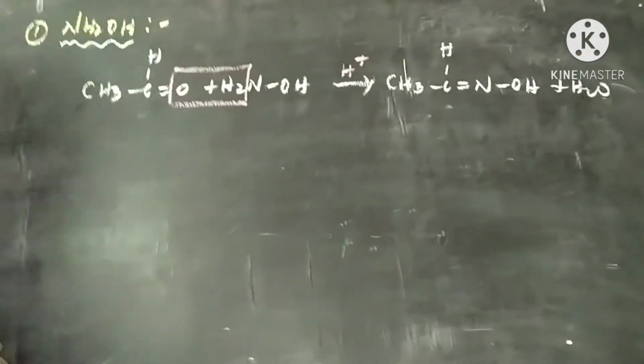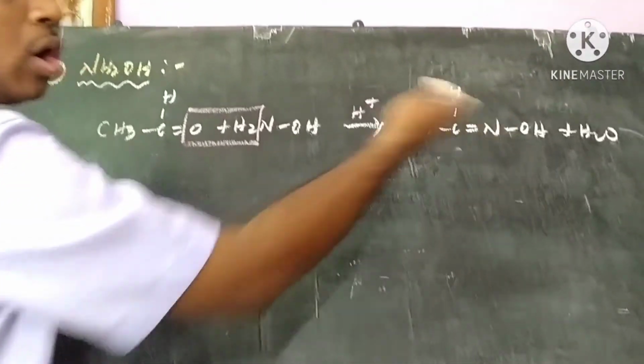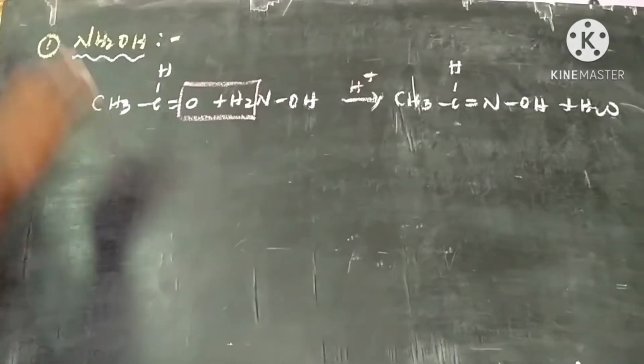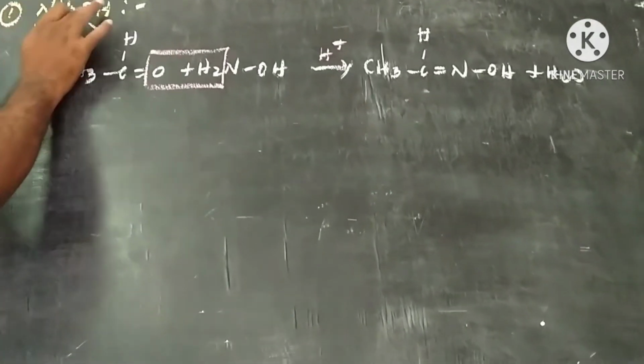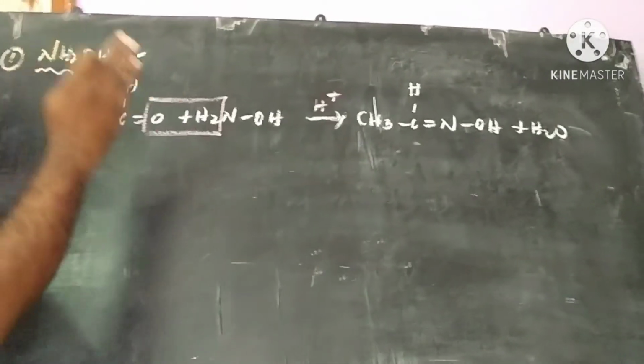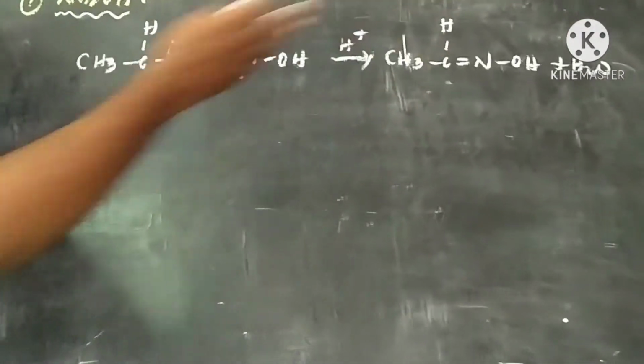That is oxime. Since we took acetaldehyde, it is acetaldoxime. So aldehydes and ketones react with hydroxylamine to form oxime. So acetaldehyde reacts with the hydroxylamine to give acetaldoxime.